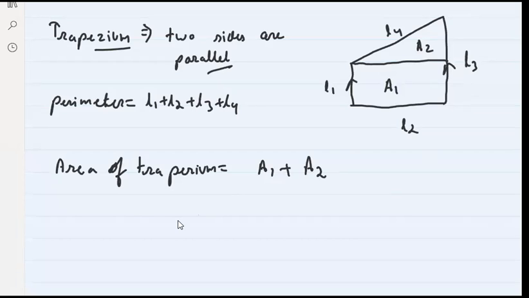Now what is area of rectangle? Instead of writing L1, L2, L3, L4, I'll name it with a better symbol: A, B, and this total is C. As simple as that.